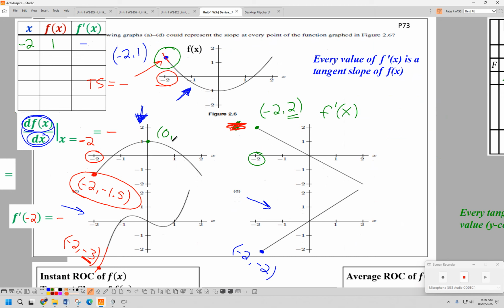Okay. Somebody raise your hand and tell me, how do you read that? What does 0, 1 here mean up here? What does 0, 1 mean on this graph in terms of this graph?